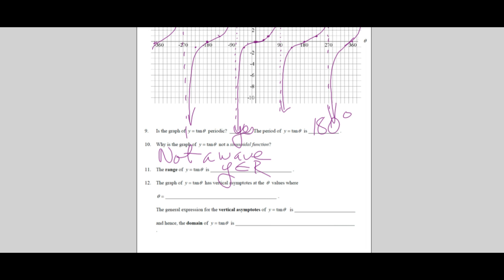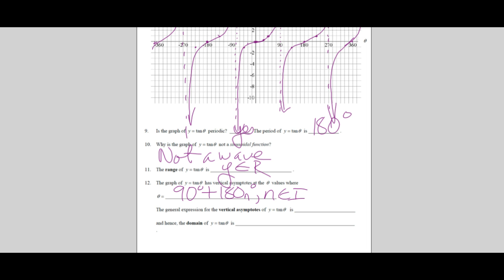The graph of y equals tan theta has vertical asymptotes where the theta value is what? Where's the first vertical asymptote? 90. Where's the next one? It's where they all are. So 90 degrees plus 180n, where n is an integer. It takes the first positive asymptote and adds multiples of 180.